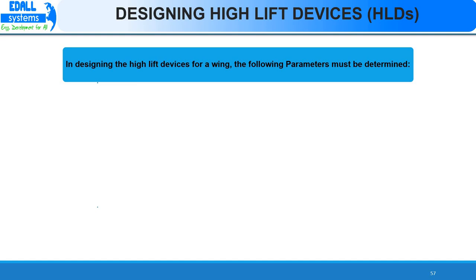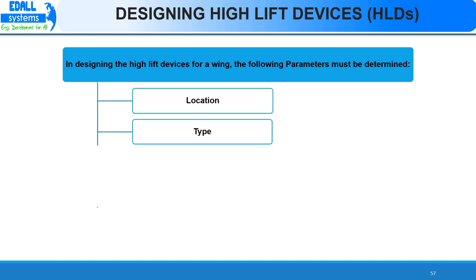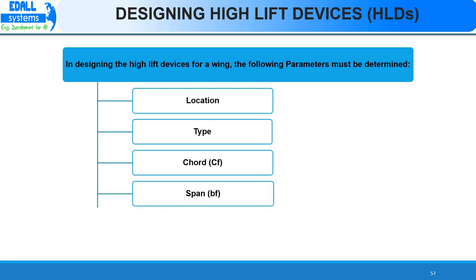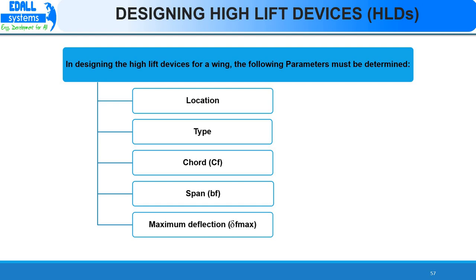In designing the high-lift devices for the wing, the parameters that must be determined are high-lift device location, type of high-lift device, chord CF, span BF, and maximum deflection of high-lift device delta F max.